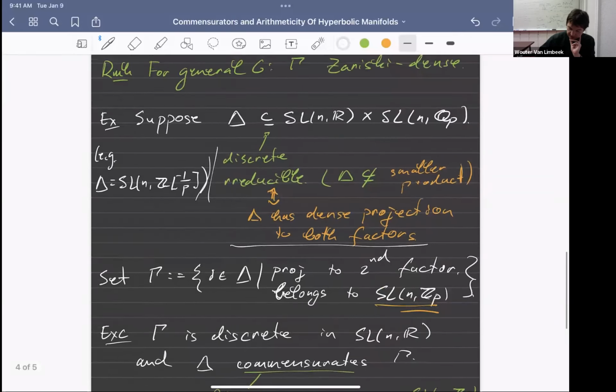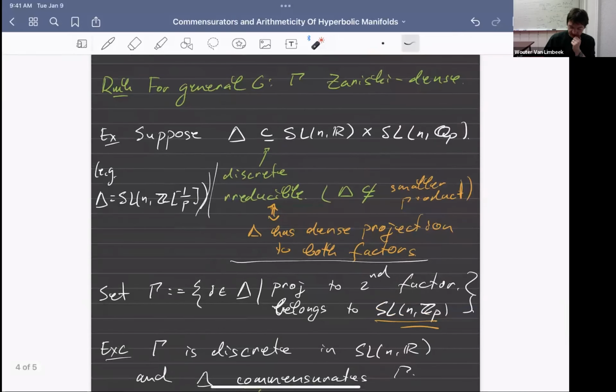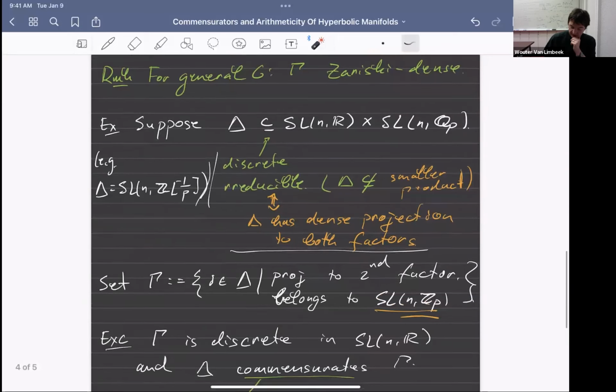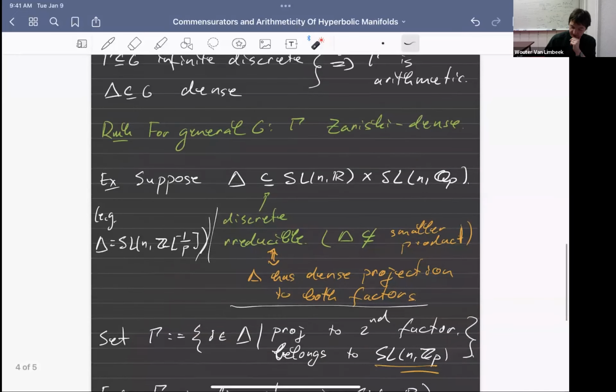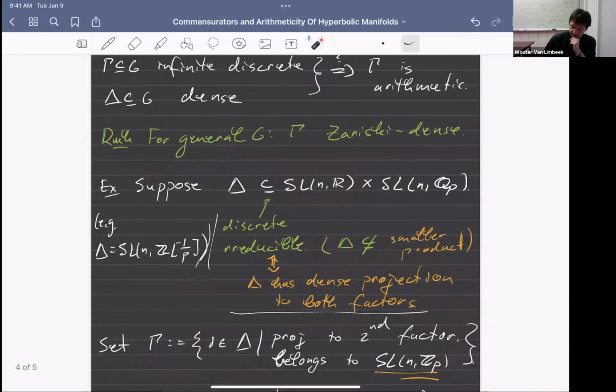I'm skipping a few steps that I will say a little bit more about later, but Shalom's question would imply that this gamma is a lattice in the first factor, and if gamma is a lattice in this part, you can prove that delta has to be a lattice in this product, which I think is quite strange, that the only irreducible subgroups in this product would be lattices.